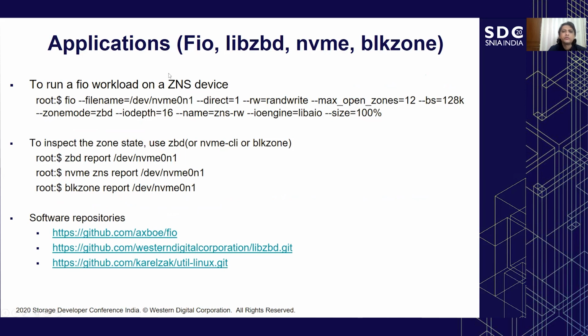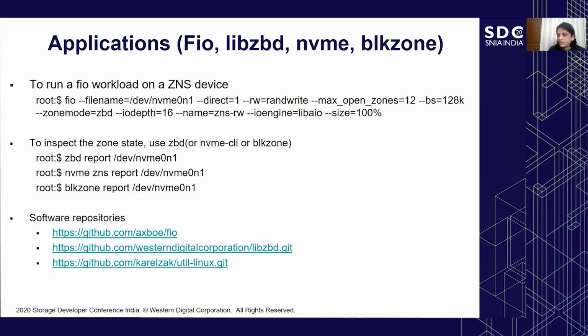So this is FIO to do a random write. We have added support in FIO, but when we say random write, the zones are selected at random, and the writes happen sequentially within those randomly selected zones. So the name of this workload may be a bit confusing, but it still writes sequentially within the zone.